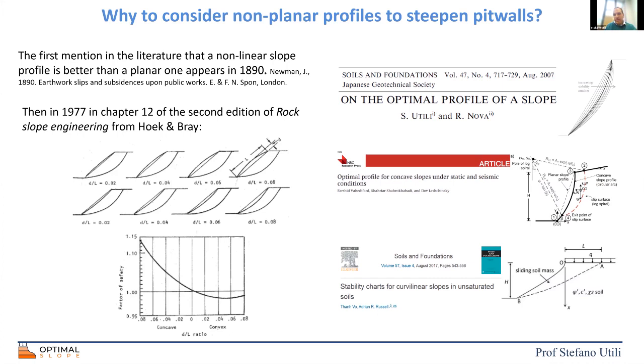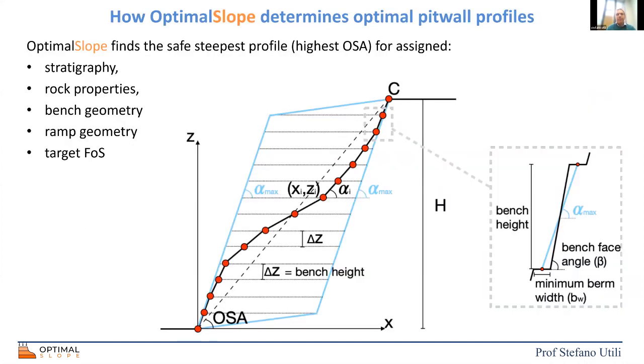But the issue in all this work is that people tend to consider uniform slopes, and of course we know that stratigraphy in real mines is never uniform. Now we have different rock layers, and we wanted to find the best possible shape for any given stratigraphy.